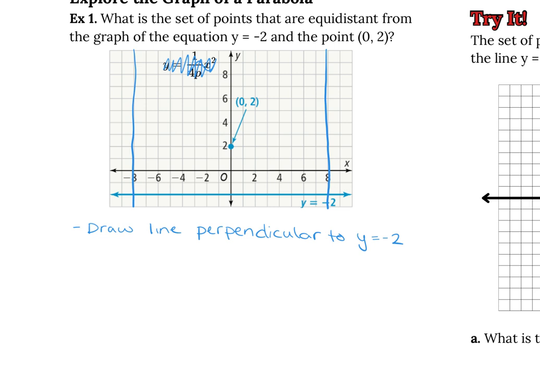Our next step is to find a point that is equidistant from (0, 2) and y equals -2.